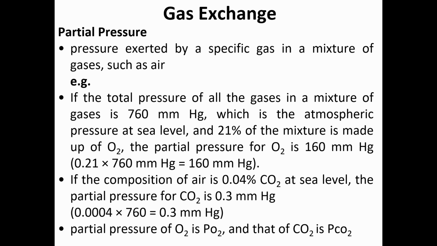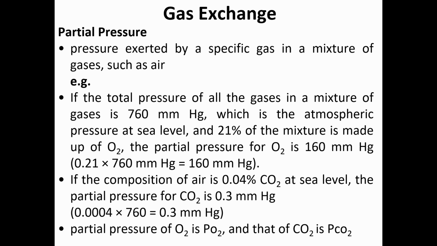Okay, assuming we are using an ideal gas, the total amount of pressure in the atmosphere at sea level is 760 millimeters mercury, or 1 atmosphere. Since 21% of the mixture is oxygen, the partial pressure for oxygen is around 160 millimeters mercury.